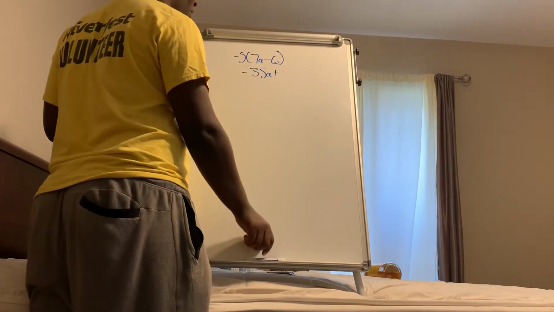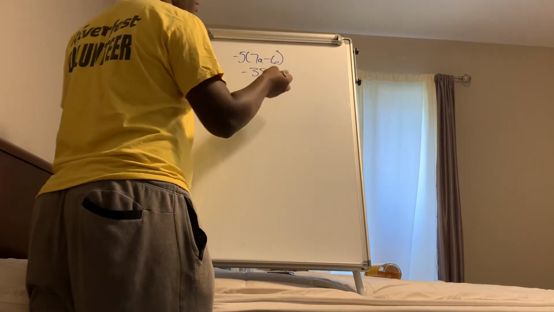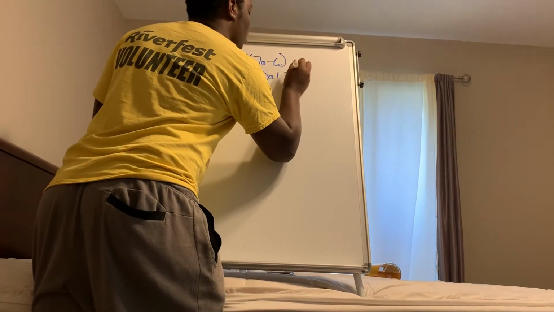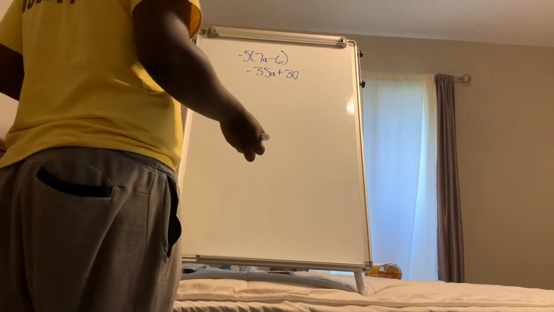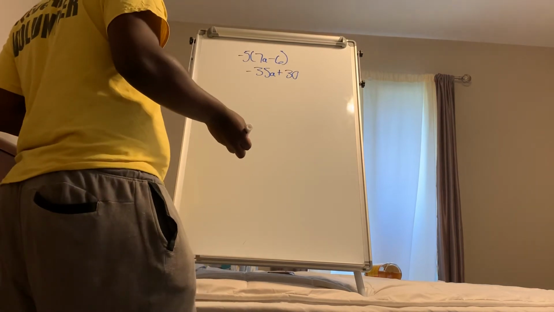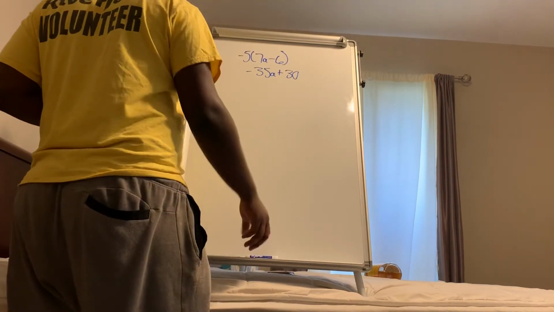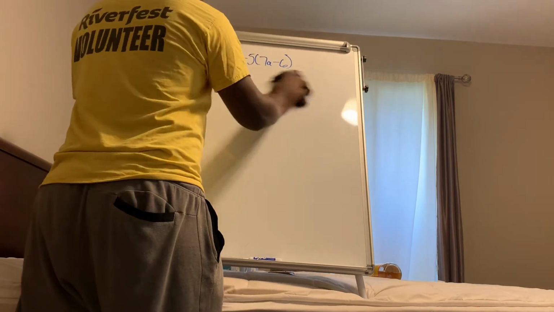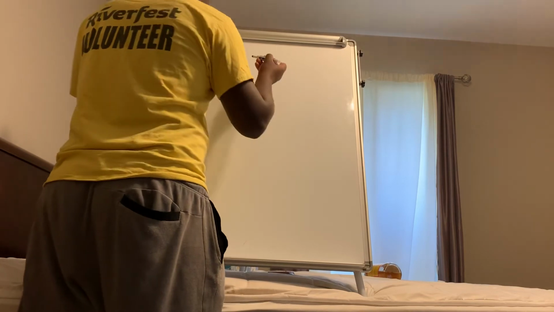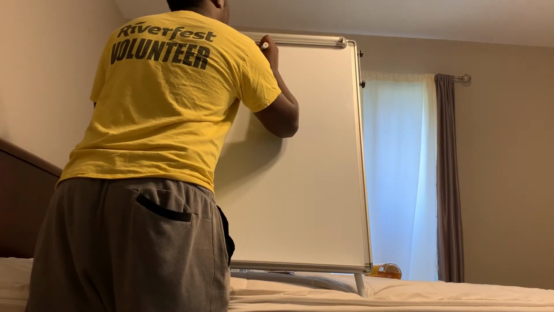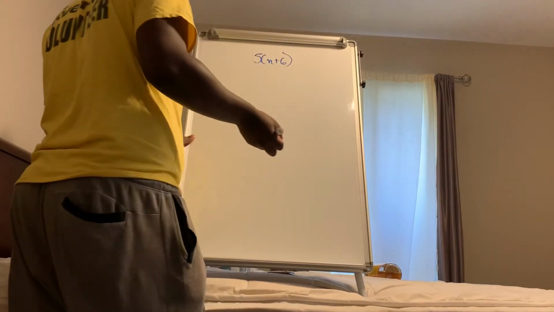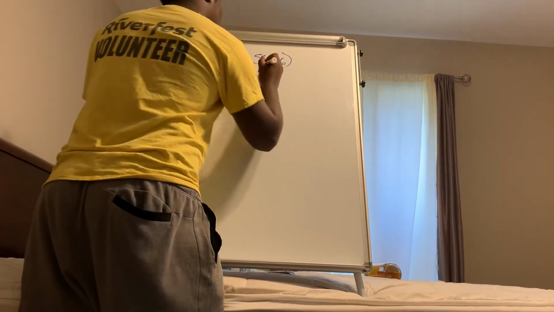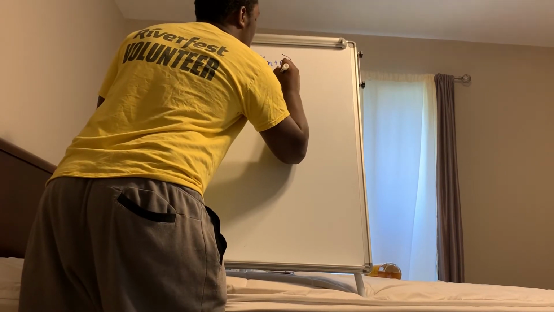That is definitely 30. 5 times 6 is positive 30. 2 negatives make a positive. Then we have 5 times n plus 6. Distribute, 5n plus 30.